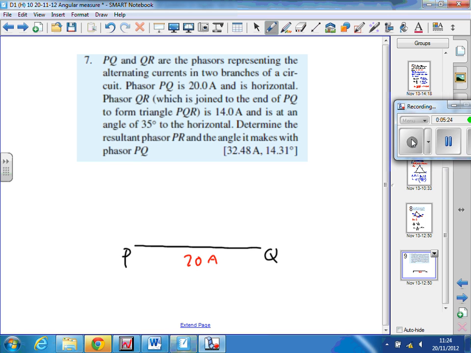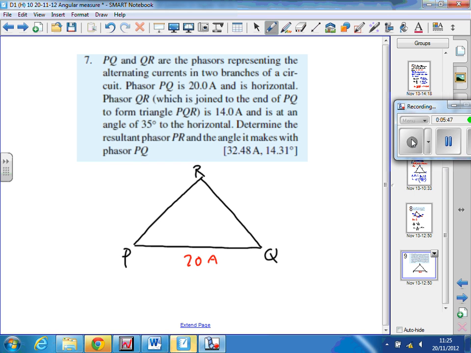Phasor QR, which is joined to the end of PQ to form a triangle, is 14 amps. So phasor QR is going to start at Q and go to R. So let's just do this. I'm not exactly sure what the angle is yet, but, oh well, yes, I do. It's 35 degrees. So that's what I draw, and that's going to form a triangle.